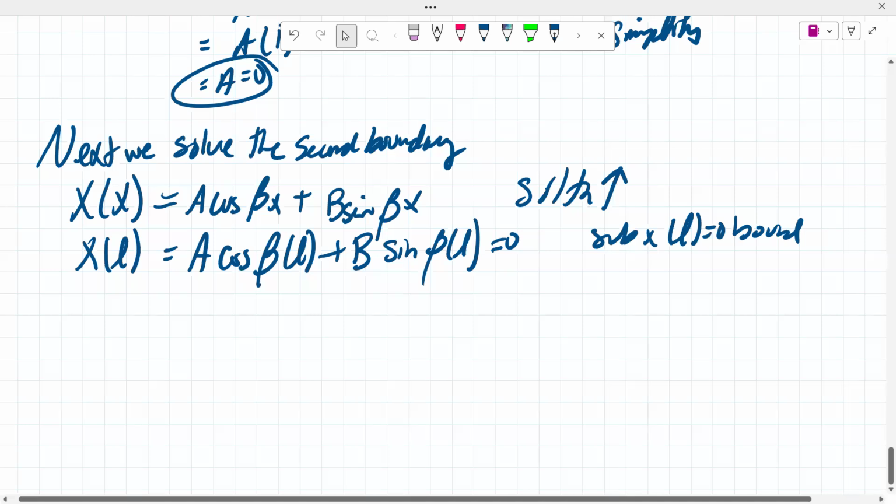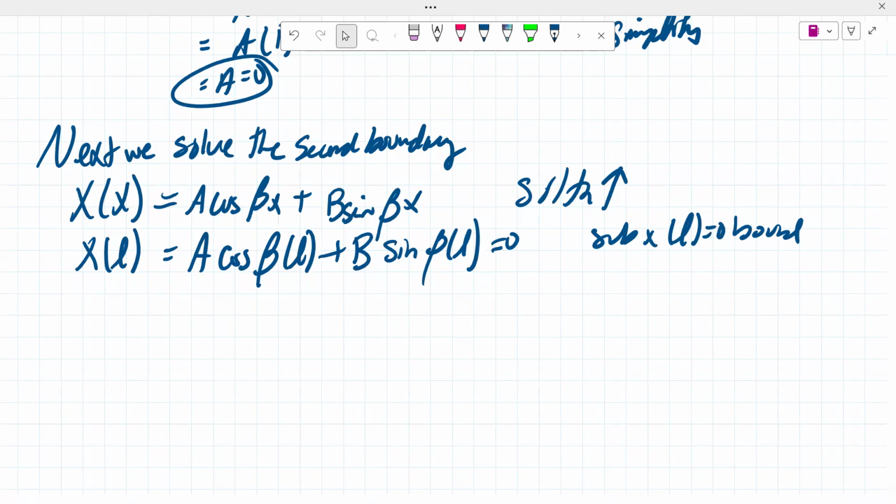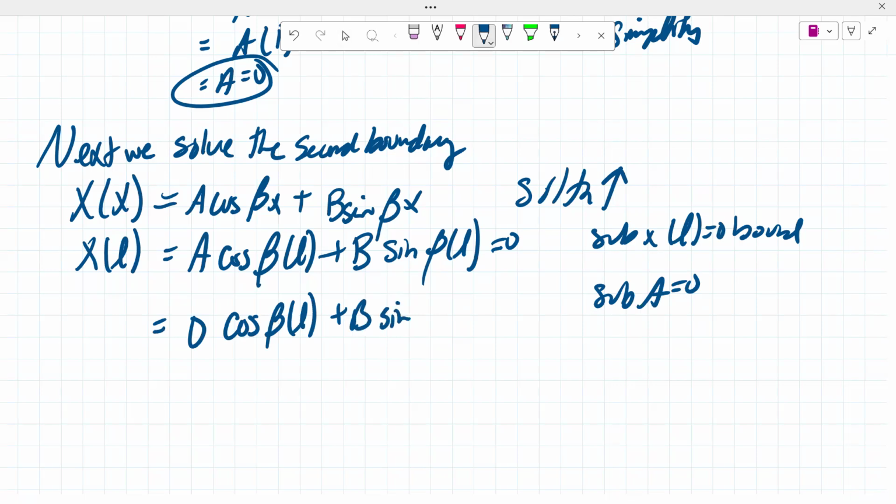Next, we recall that a equals 0. So if a is 0, this means we have 0 cosine beta L plus b sine beta L. But multiplying anything by 0 makes that term 0.